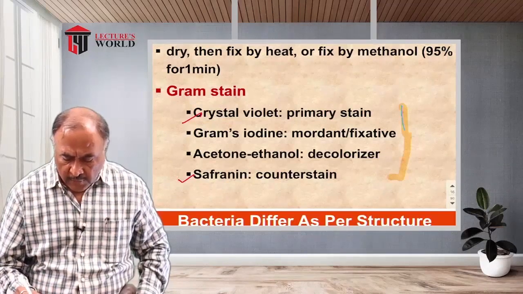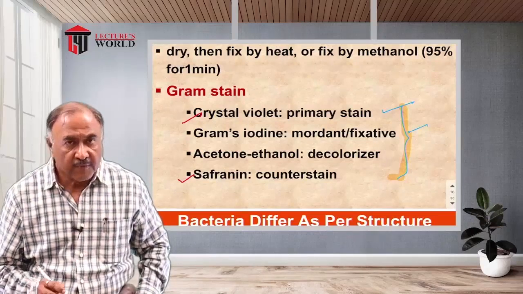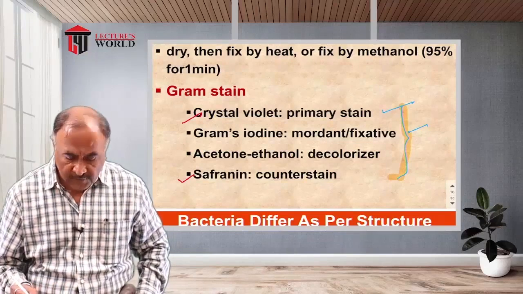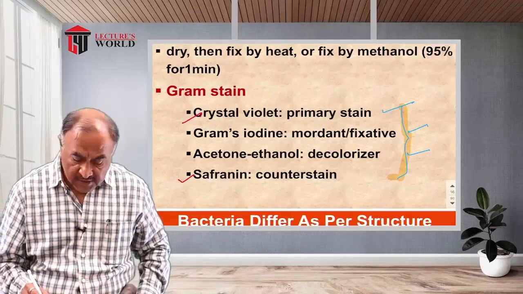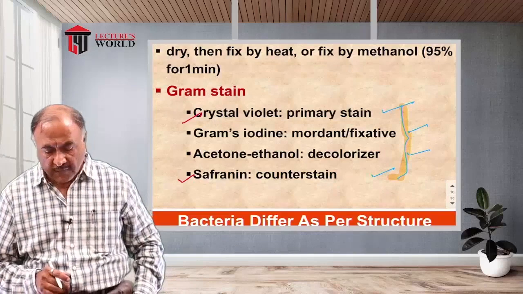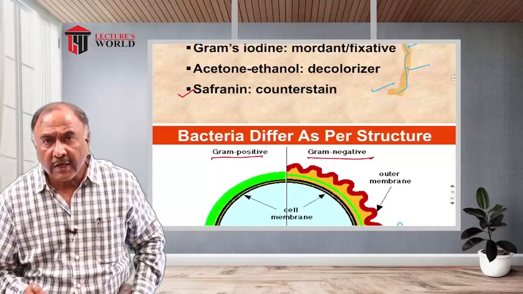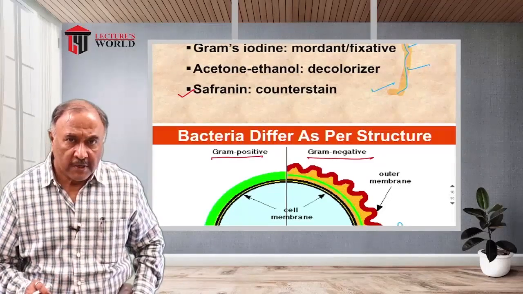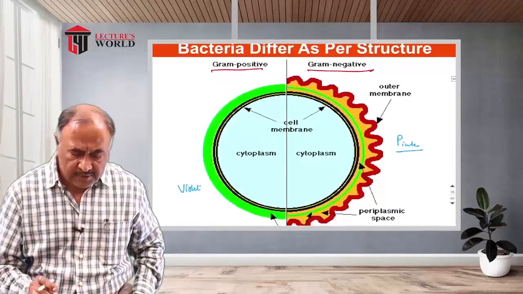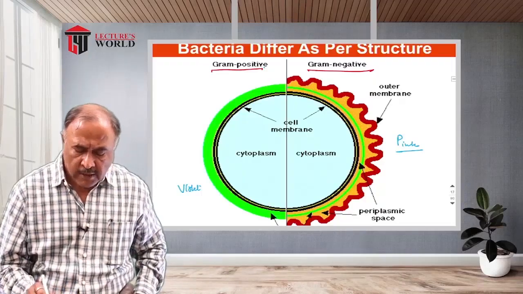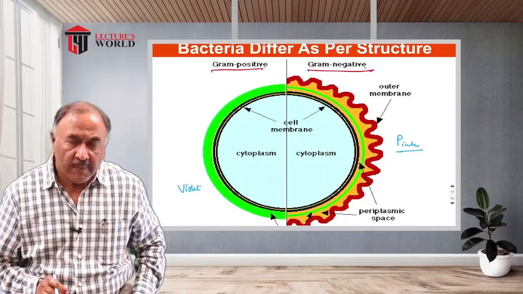Primary staining by crystal violet, then Gram's iodine as a mordant or fixative, then acetone or ethanol as a decolorizing agent, and safranin as counterstain. Once you carry out this staining and observe under the microscope, the observation may show you 2 different types of organisms, namely gram positive and gram negative. On what basis are they classified as positive and negative? It is on the basis of the color reaction.